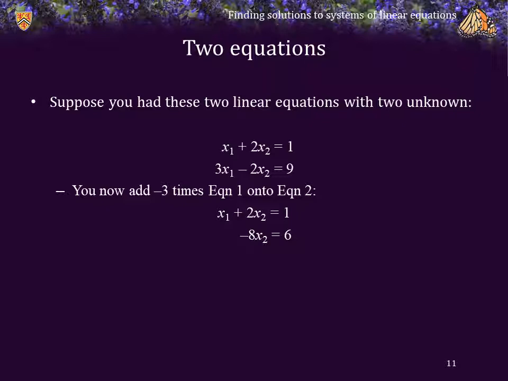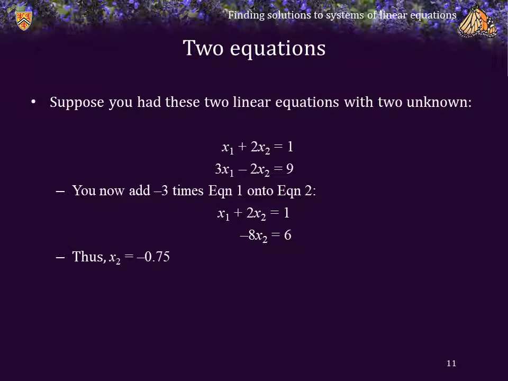That cancels out the 3x1 in the second equation. Now, the second equation has only one variable in it, and so we can solve for x2. x2 is just 6 divided by negative 8, which is negative 0.75.